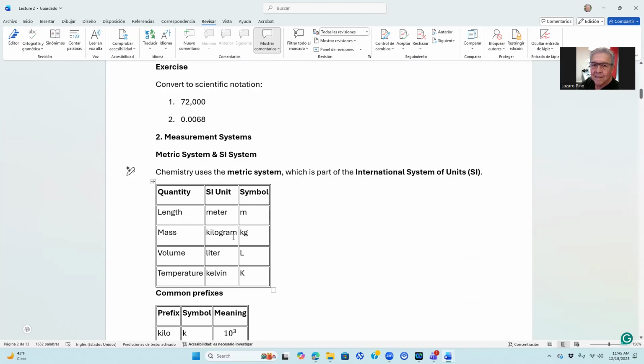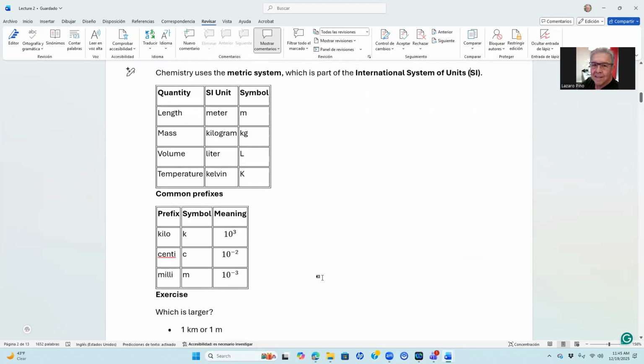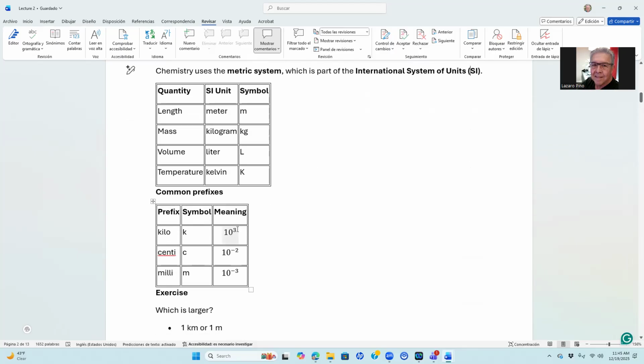For mass, the kilogram, kg in lowercase. Volume, liter with capital L, and temperature is Kelvin, capital K. The common prefixes are kilo, 10 to the third; centi, 10 to the negative 2; milli, 10 to the negative 3.